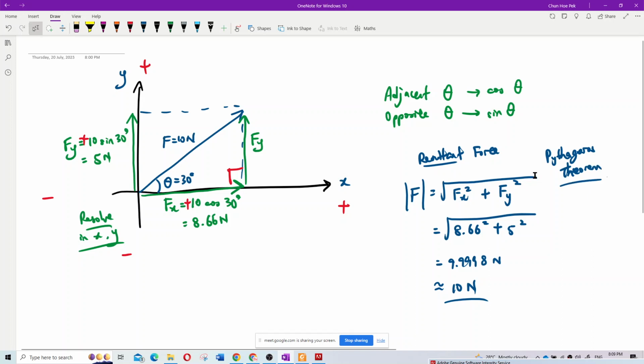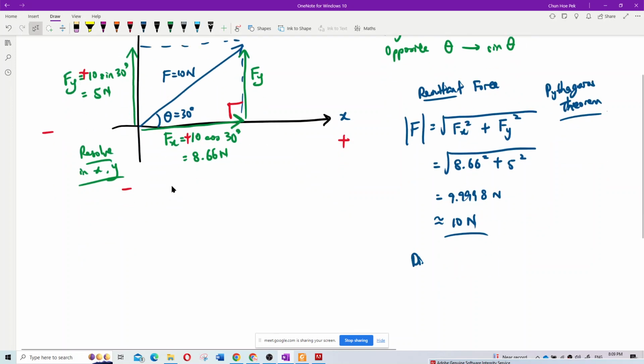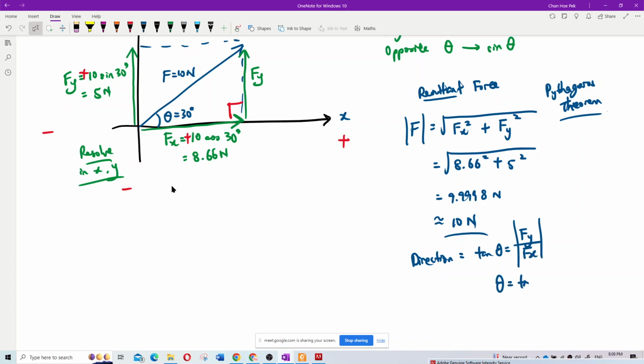And then we can also find direction. Actually, we also have direction already. Normally to find direction we use tangent theta. The direction of this force: we use tangent theta equal to Fy over Fx, and then we do the anti-tangent of Fy over Fx.